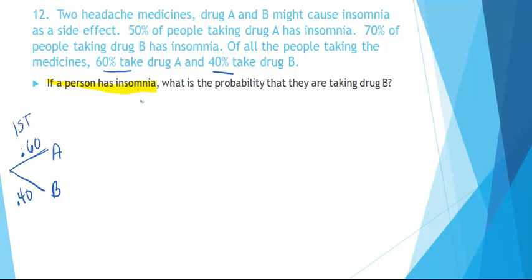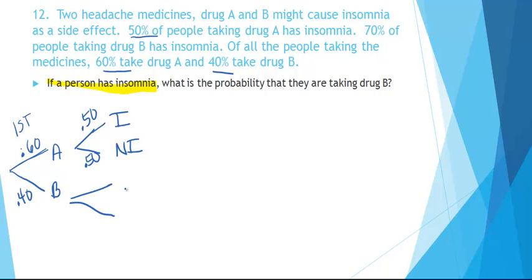Then the next thing we know is that they either have insomnia or they do not have insomnia. So for drug A, it says 50% can have insomnia and 50% don't.